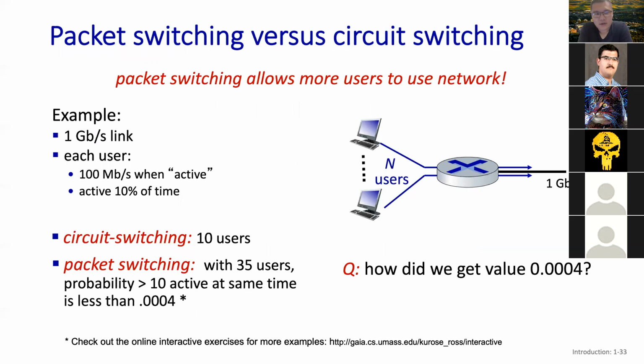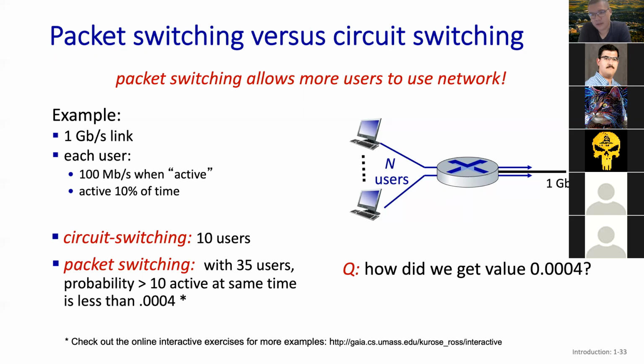Okay, let's go back to this slide. So what does this tell us? As I mentioned, this tells us that you can allow more users to use the network simultaneously, but you can expect that more than 10 active users using the network is a very low probability, right?